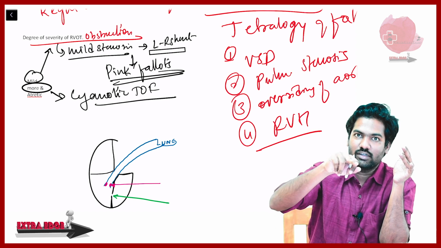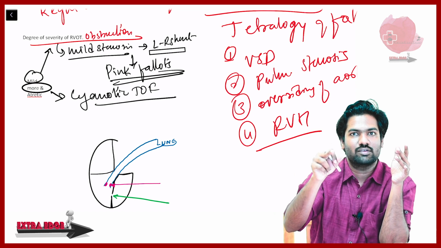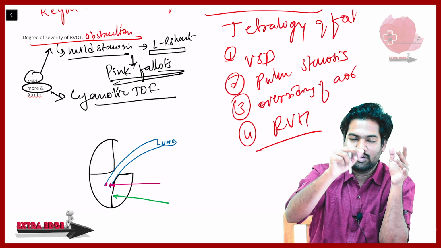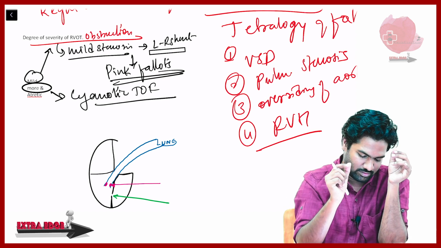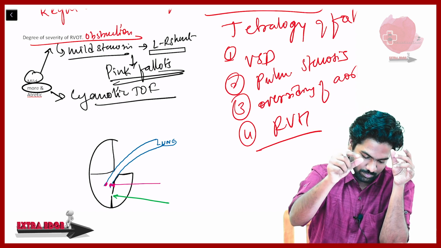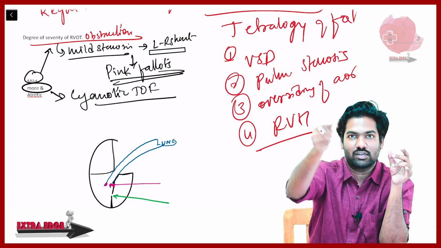So what is important for this baby to survive, because only one ventricle is pumping, which is the left? The important structure for the survival of this baby is the ductus arteriosus.